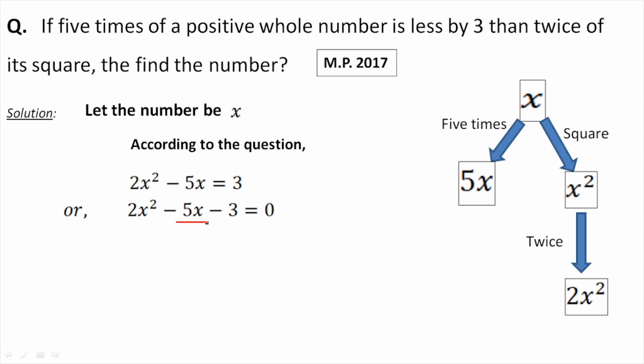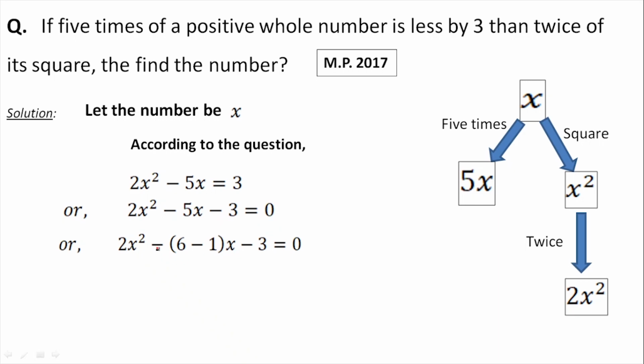This 5 must be broken into 2 parts such that when we subtract them, it gives 5, because subtraction is here, and when we multiply them, it gives 2 into 3, that is 6. So what are the two numbers? It is 6 and 1. 6 ones is 6, and 6 minus 1 gives us 5.